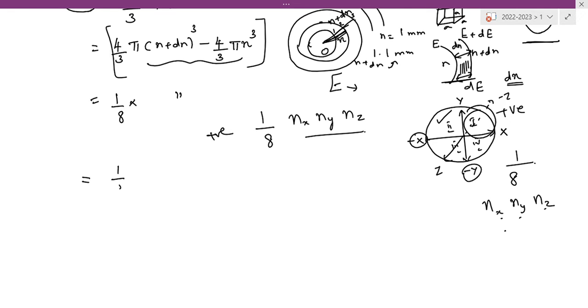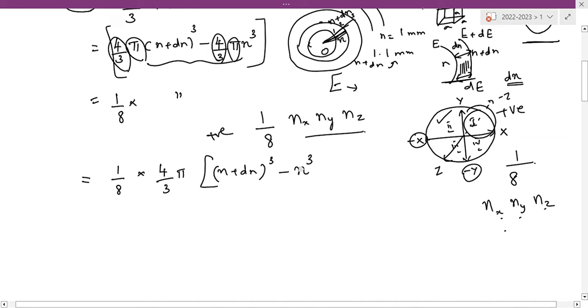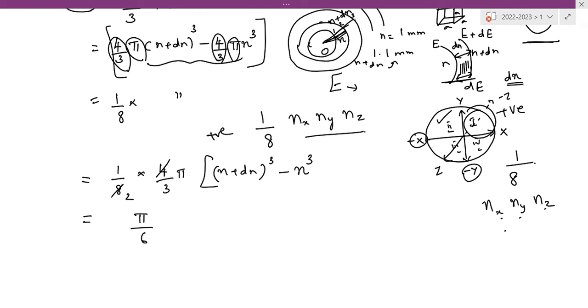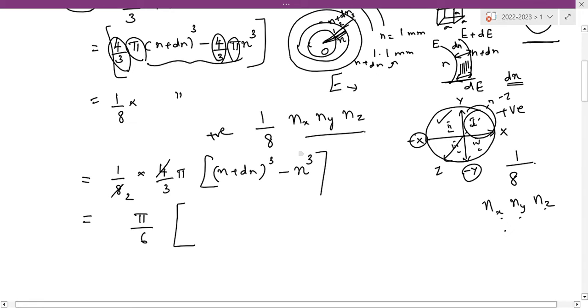Therefore, 1 by 8 into 4 by 3, that is 4 by 3 pi is common here. And then (n plus dn) cube minus n cube. I have 2 here, therefore pi by 6, expanding (n plus dn) the whole cube, it is just like (a plus b) the whole cube.